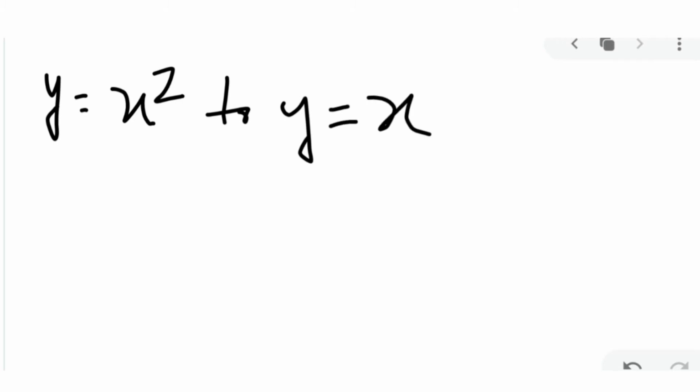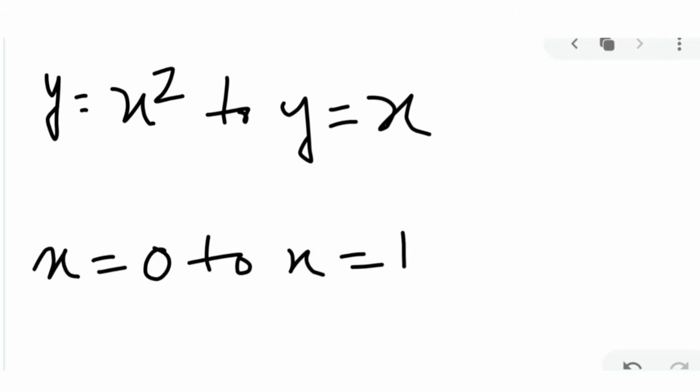The limits of y are y equals x square to y equals x, right? It is given in the question. And the limits of x are x equals 0 to x equals 1.